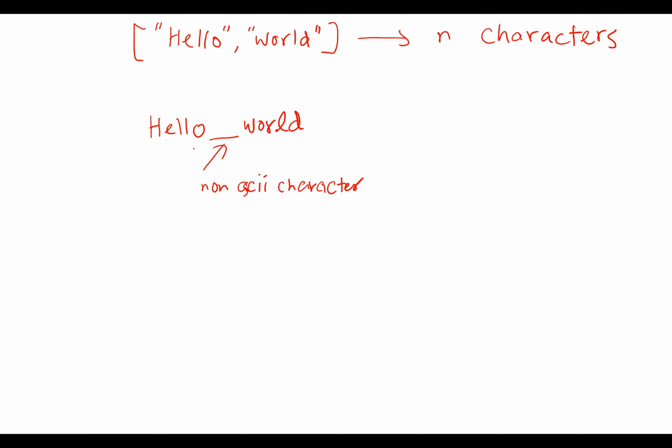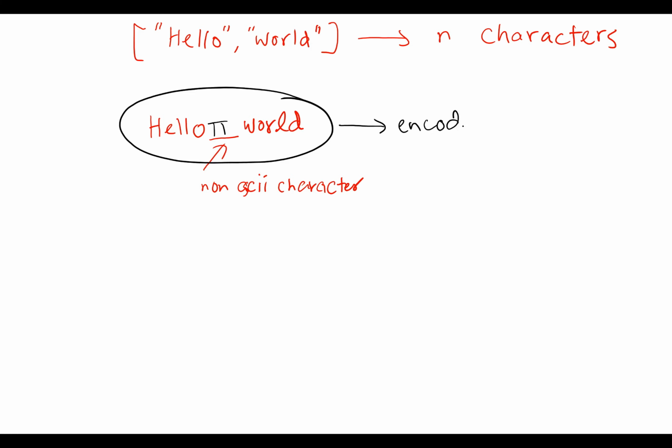So a non-ASCII character can be, say, pi, right? So pi is a non-ASCII character. So what's going to happen is this is going to be the encoded string, right? So the encoded string.